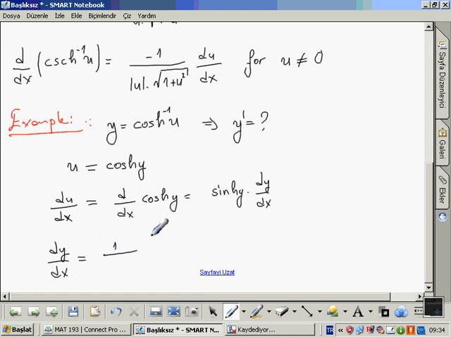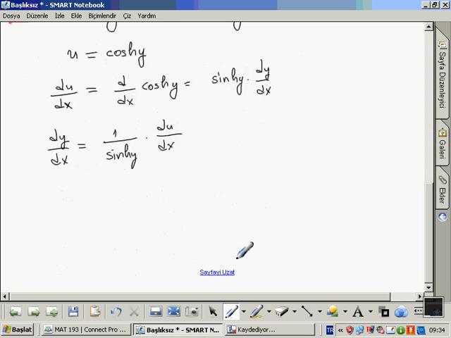And we know that ∂y/∂x equals 1 over sinh y times ∂u/∂x, and it's equal to 1 over the square root of cosh² y minus 1 times ∂u/∂x, right?